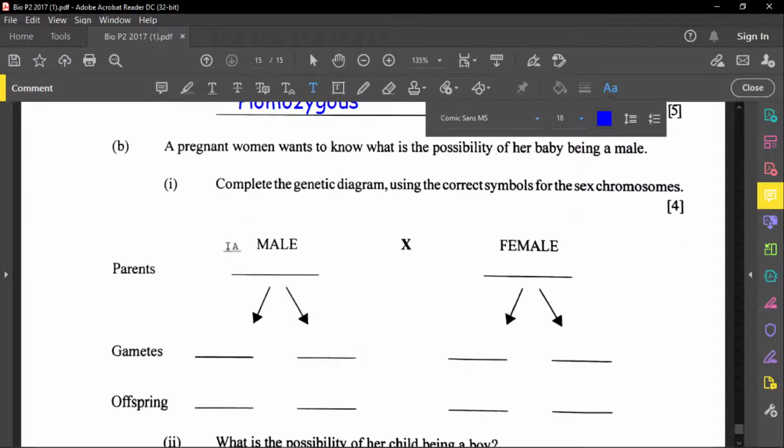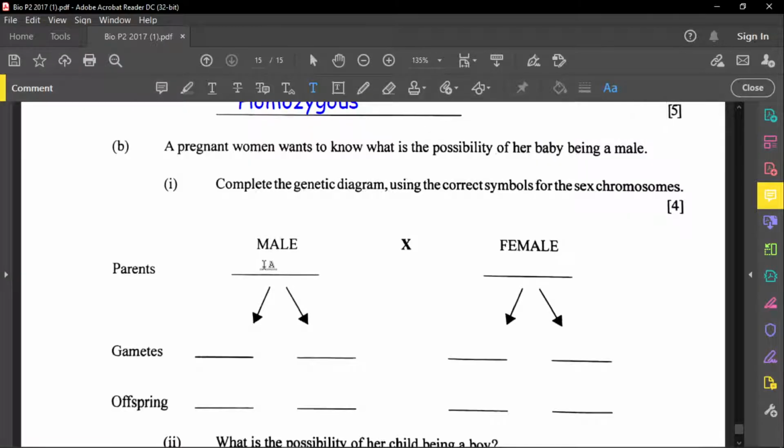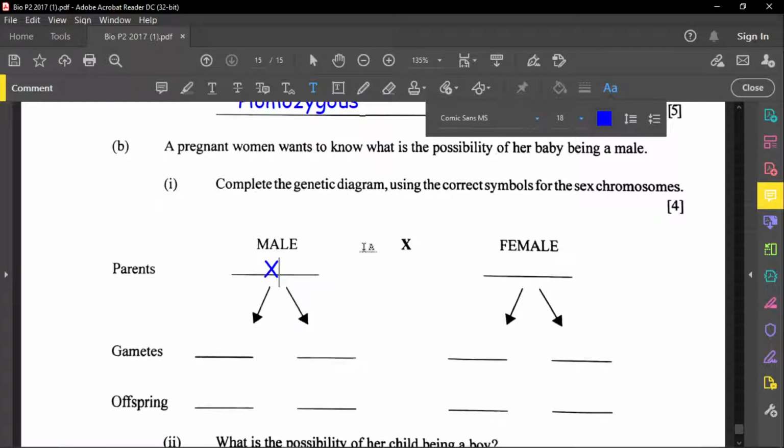The parents in terms of chromosomes: the male is X and Y, the female is only X. The gametes from the male parent, some sperm cells will have X while some will have Y.